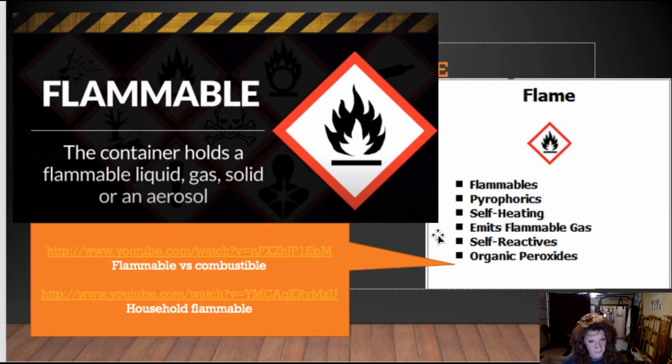So a flame, and this one is probably one of the most important ones, because the flash point, as well as the boiling point, puts that flammable liquid in a certain category. And of course, the lower the flash point, the more dangerous the flammable liquid, because it's more volatile, right?